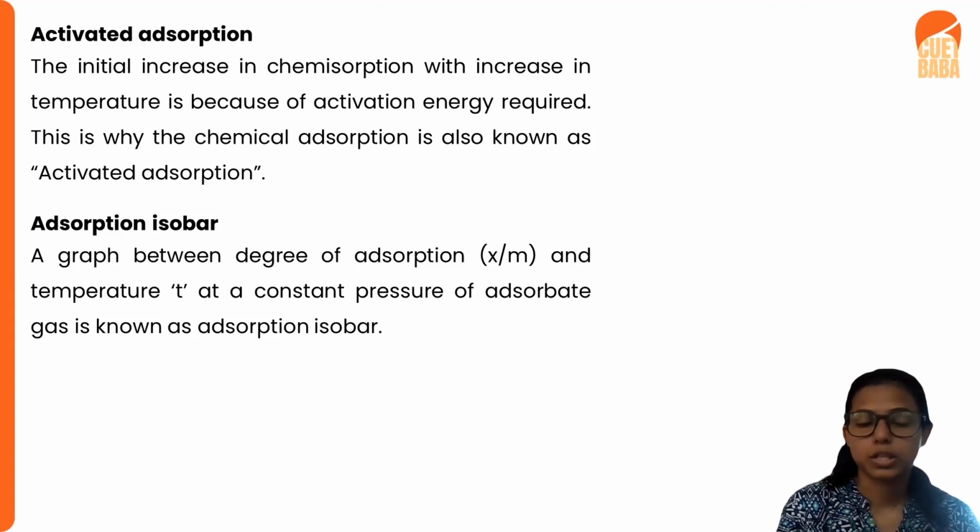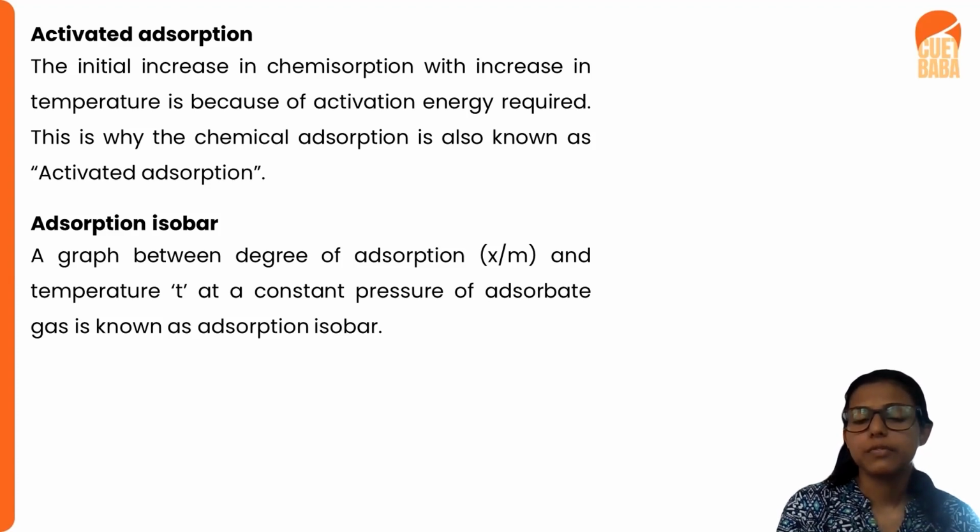And adsorption isobar: a graph between the degree of adsorption, that is x by m, and the temperature at a constant pressure of the adsorbate gas is known as the adsorption isobar. So a graph drawn at a constant pressure, we will call an isobar.